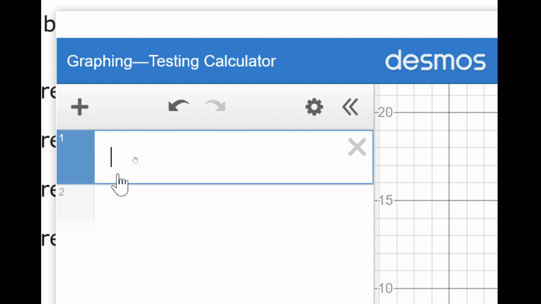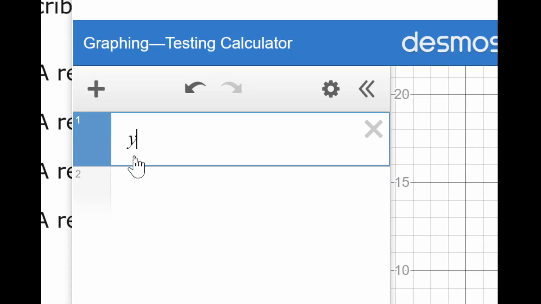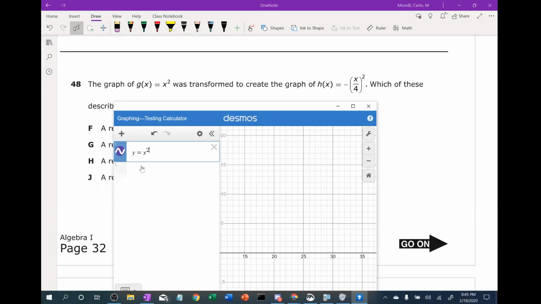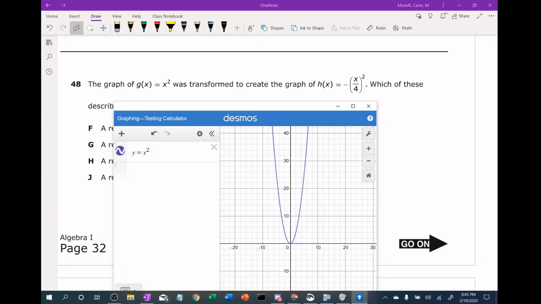So now, ladies and gentlemen, we're going to type y equals x squared. Okay? Let's take a look at it and see what it looks like. I'm going to let it show up here for y'all, because I'm thinking it's more like 7 to 10 seconds behind.